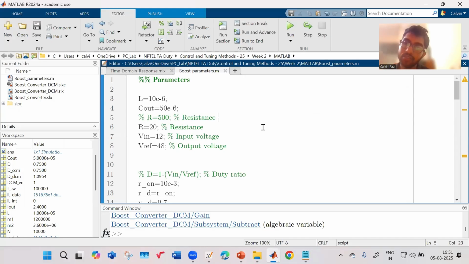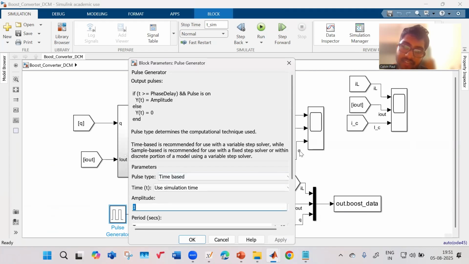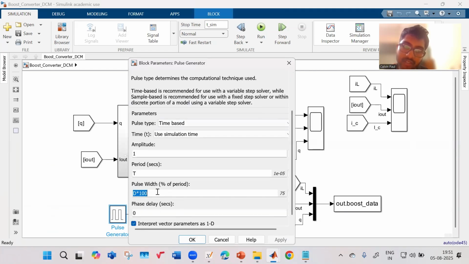Sir has used this approach of parameterization to run it from a script file. Because I remember when I was doing my internship, I didn't know MATLAB very well. So I used to go into my Simulink file and set this value D into 100, I'll calculate it to be 75.